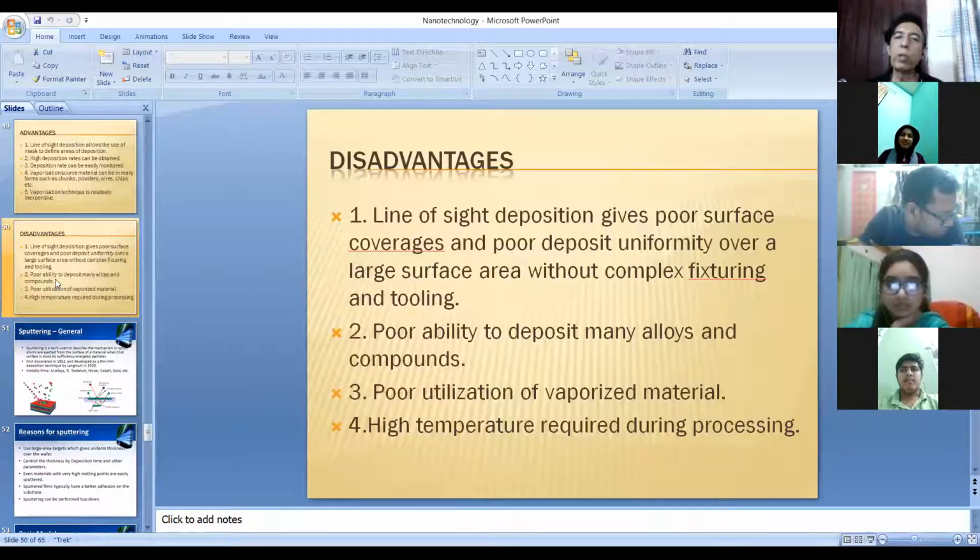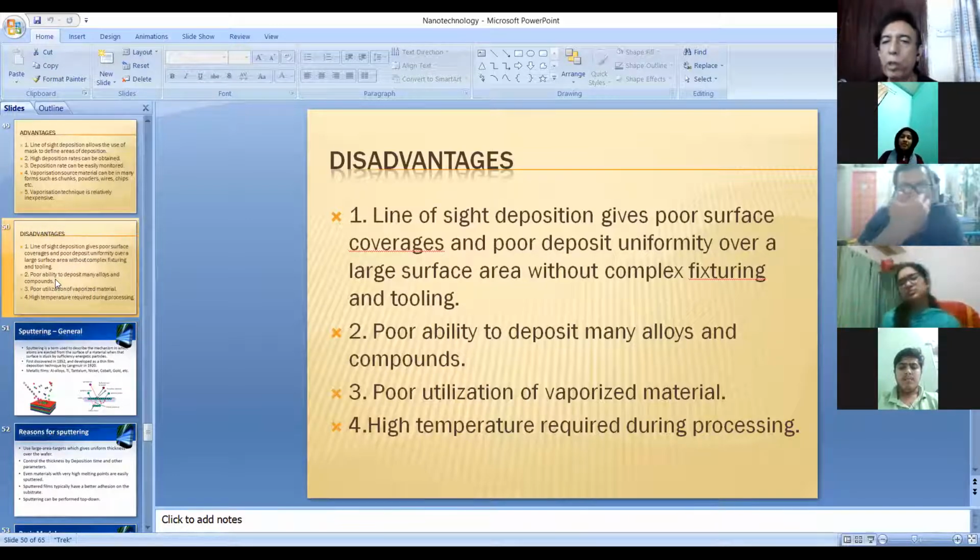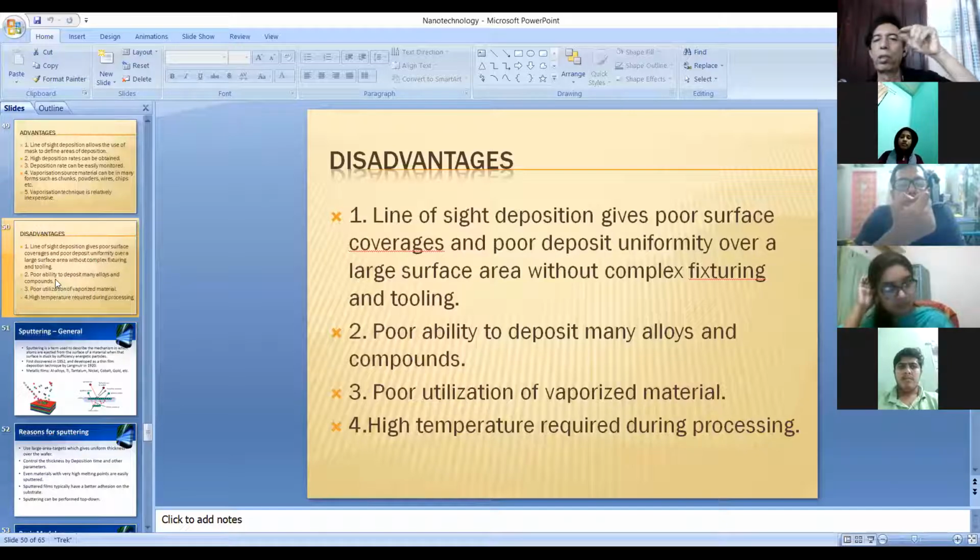There are some disadvantages also. The line of sight deposition gives poor surface coverage and poor deposit uniformity. Somewhere you will find it is thick, and somewhere it is very thin. So there will be poor uniformity.